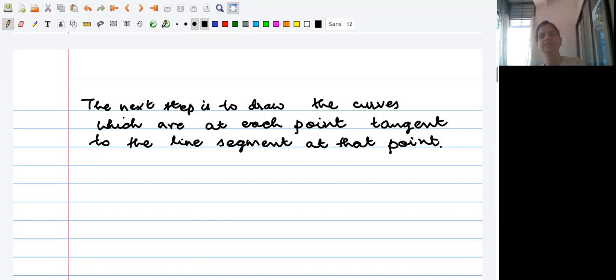Having sketched the direction field, how do you draw the curves? You draw the curves so that at each point (x,y) they are tangent to the line segment at that point, right? And these curves that you get are actually the solution curves. Sorry, my handwriting is not very nice.